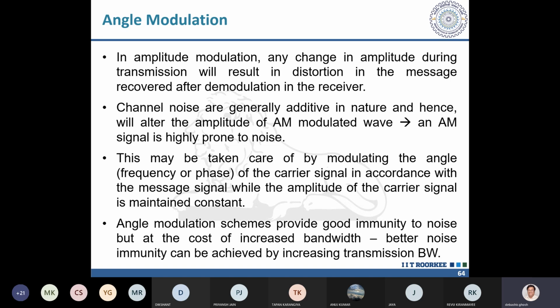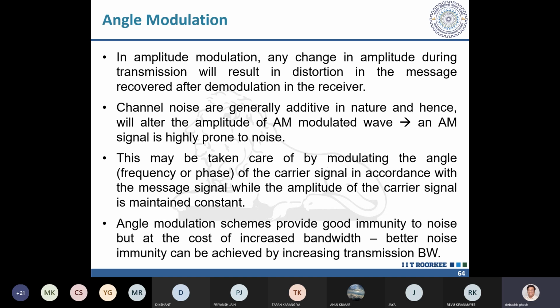But now I am saying that instead of modifying the amplitude, let us modify the frequency, because noise, I know, is adding. So what that noise will do is change the amplitude of the carrier signal. But the receiver knows that the message has nothing to do with the amplitude.